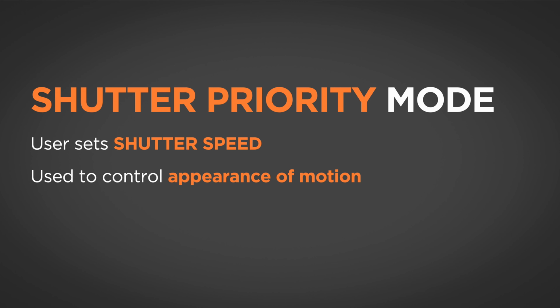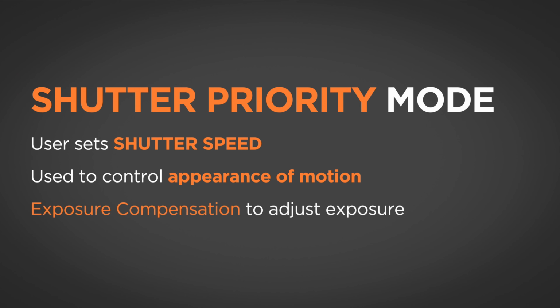Or if you want to blur motion to enhance the sense of movement or create an intentional camera movement photo, this is the setting you would use. All you do is set the shutter speed and the camera is going to determine the ISO and aperture. And again, you can still use exposure compensation to adjust the photo brighter or darker after you've made one and decide what you want to do next.